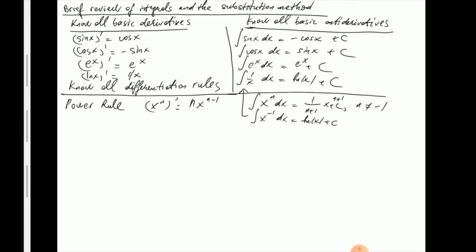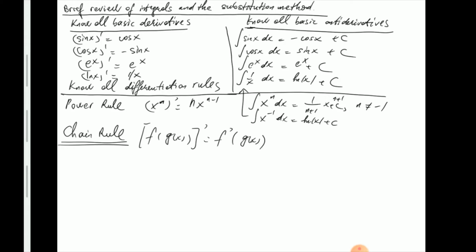Then we have the famous chain rule, which allows us to differentiate lots of different functions besides the elementary ones. It states that the derivative of the composition of two functions is f prime of g of x, the external function, so to speak, evaluated at the internal function, times g prime of x.